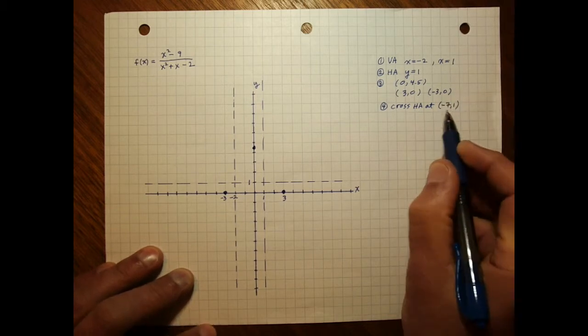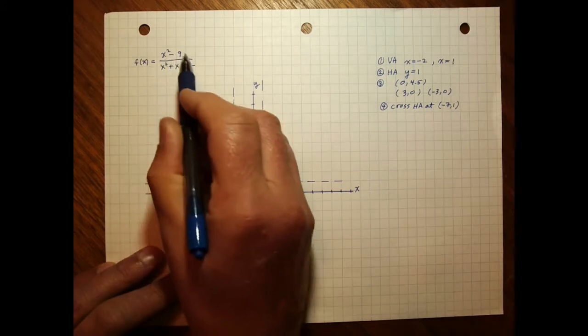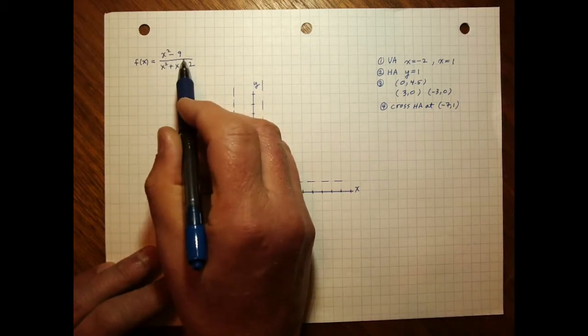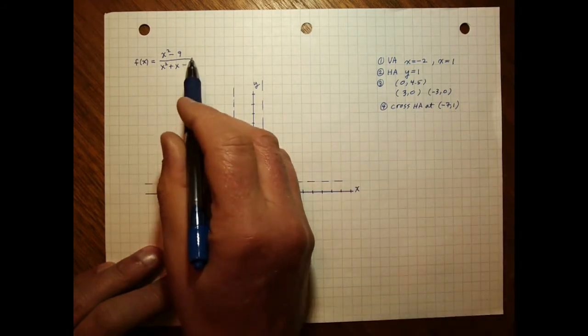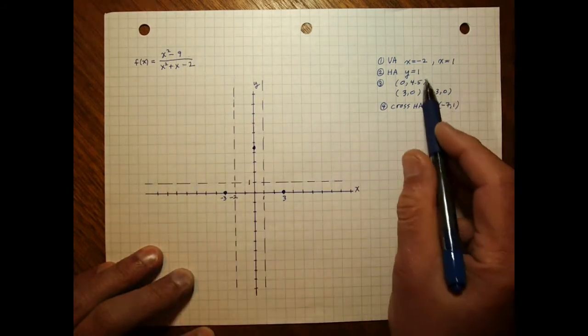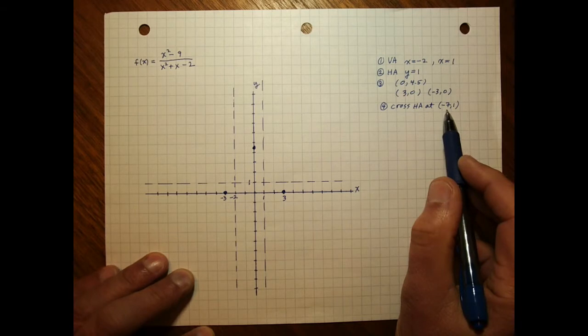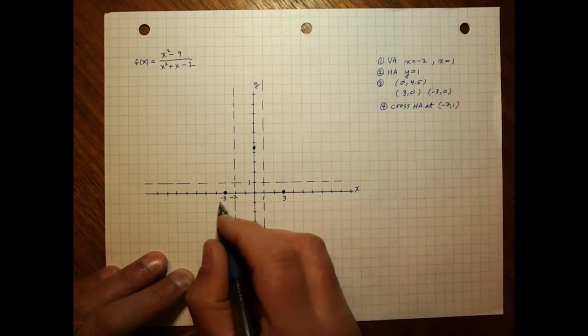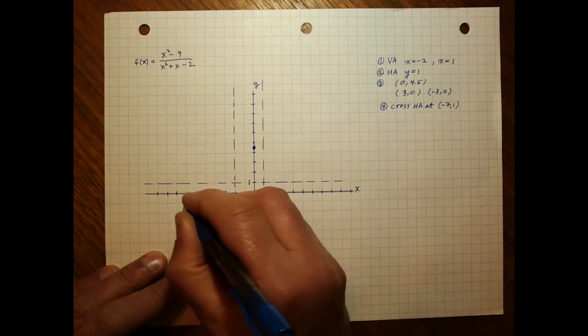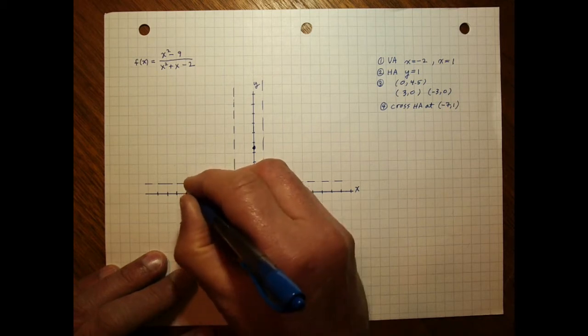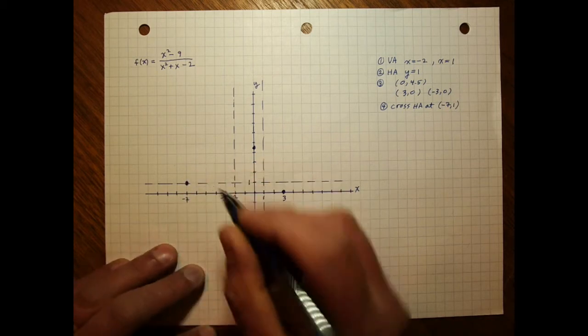The way we found this point was we set the function equal to the horizontal asymptote value. So we set it equal to 1 in this case, and we solve for x, and we got x equals negative 7. So negative 3, 4, 5, 6, here's (-7, 1). We know that point lies on the graph.